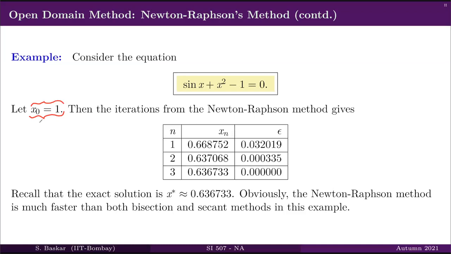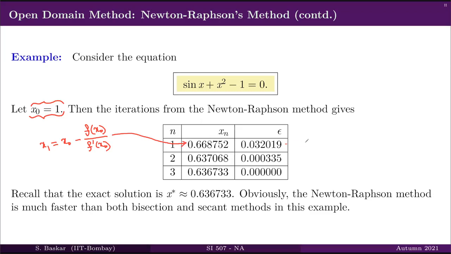So once you have x naught, you have to evaluate the value of the function f at x naught, and not only that, you have to also evaluate the value of f dash at x naught and then use this formula to generate x1, and that is given by this value.